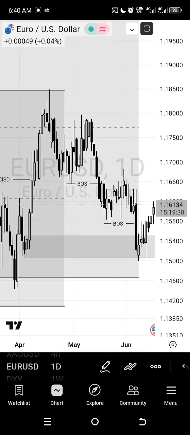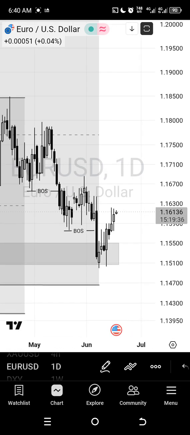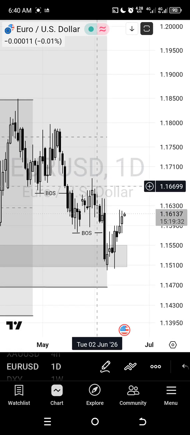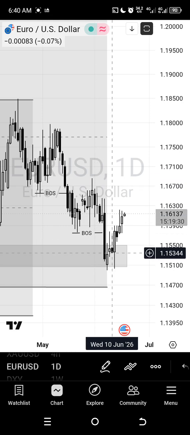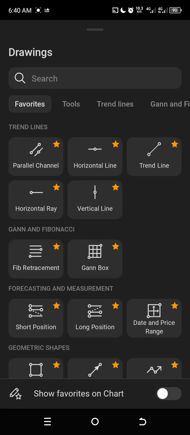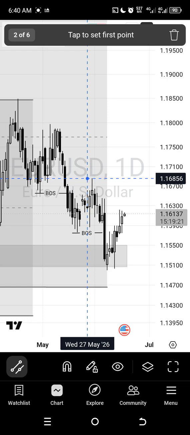Okay, with that said, based on this particular bearish structure, this swing high and this swing low, we are still going to divide our chart into two because we got a bearish daily range.